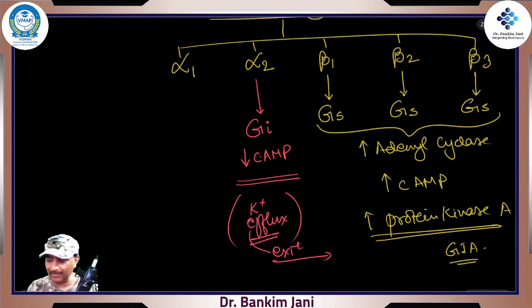And this alpha 1, this is very special. It is called the GQ. Now this GQ is completely different. It has got its own style, right? So this would be the topic for tomorrow. It is what is called PIP2, right?